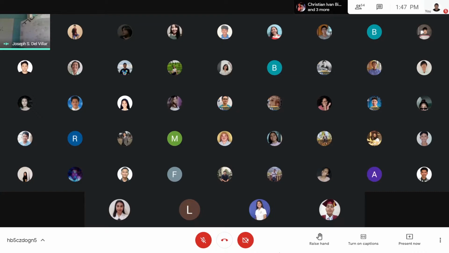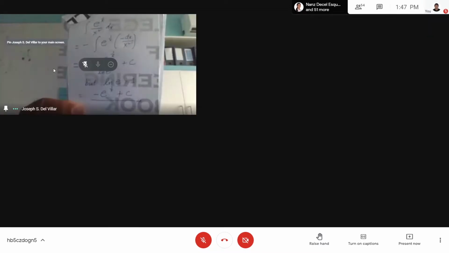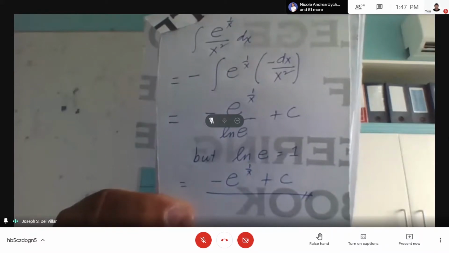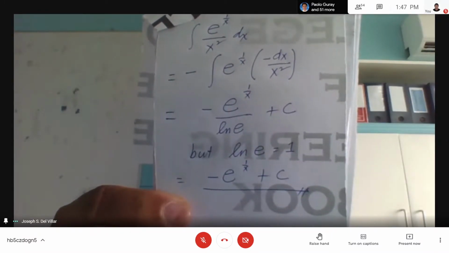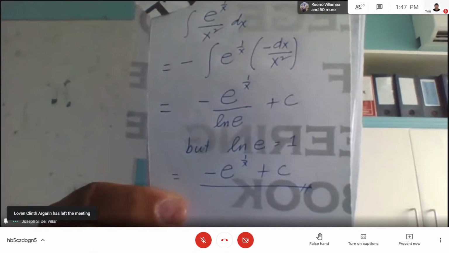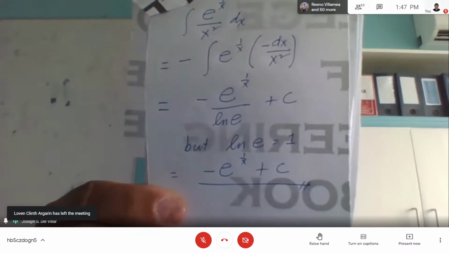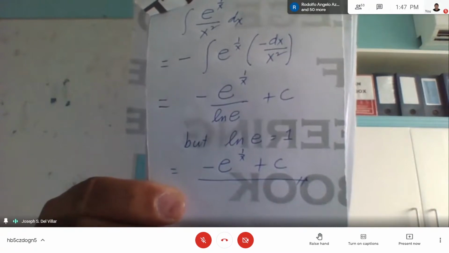Okay. Can you see this? Yes, sir. Okay, I placed negative behind, because negative 1 balances the negative in the dx over x squared.